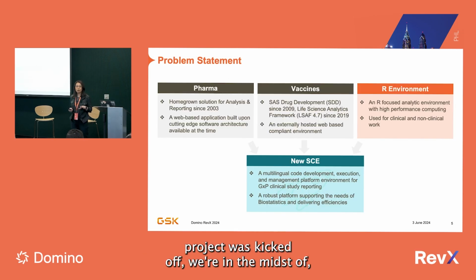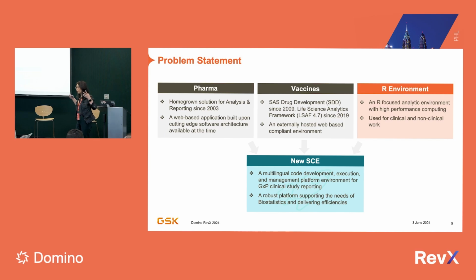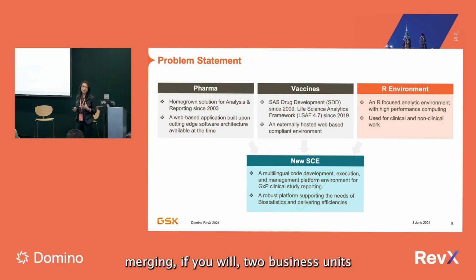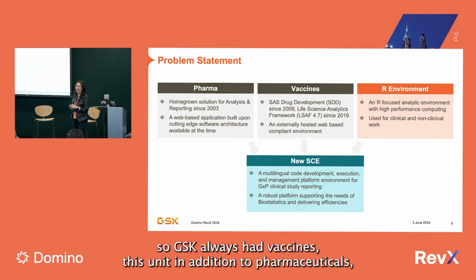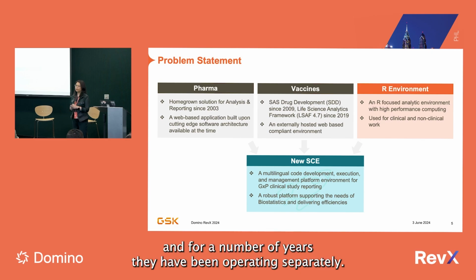At the time this project was kicked off, we were in the midst of merging, if you will, two different business units into a single entity. So GSK always had a vaccines business unit in addition to pharmaceuticals. And for a number of years, they had been operating separately.